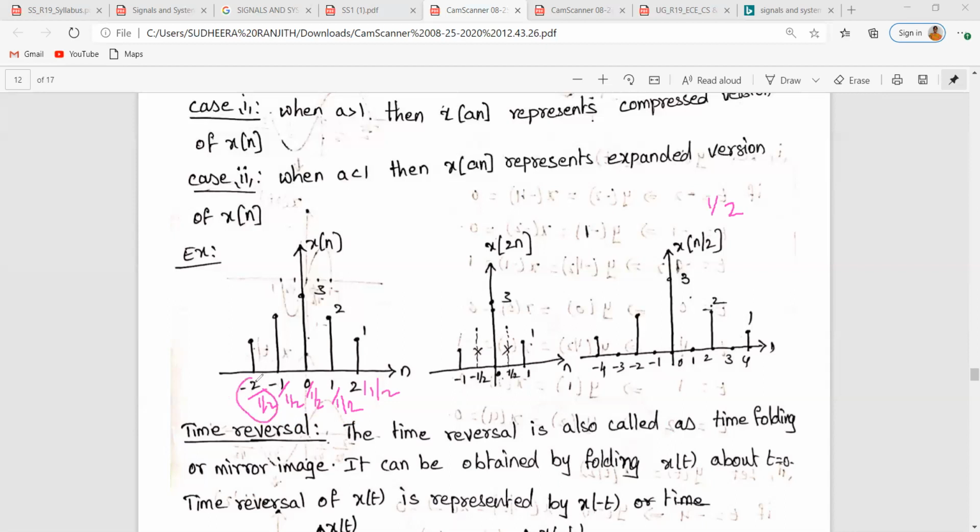This one is mapped to minus 2, this one to 0, 2, 4. Right? So the time scale version is defined from minus 4 to plus 4, isn't it? This represents the expanded version, and the first one represents the compressed version. Here the scaling factor value is greater than 1, and here the scaling factor value is less than 1, right?